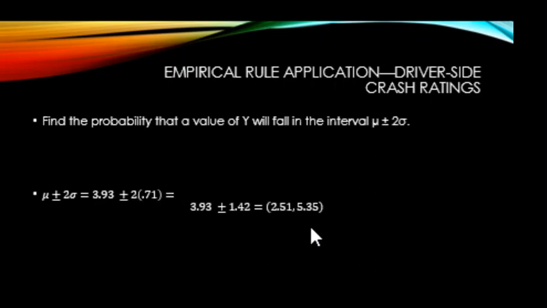Now, if you think about the values of the star rating, it could be 2, 3, 4, or 5. So basically, it is only discrete values. It cannot take these decimal values. It cannot be 2.51 or 5.35.